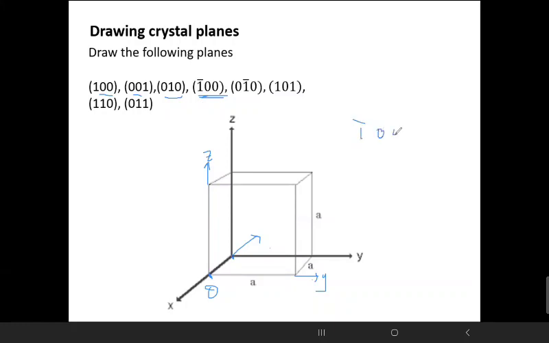So 1 over bar 1, 1 over 0, 1 over 0. So bar 1, infinity, infinity. So it lies on the YZ axis. This is the YZ plane.